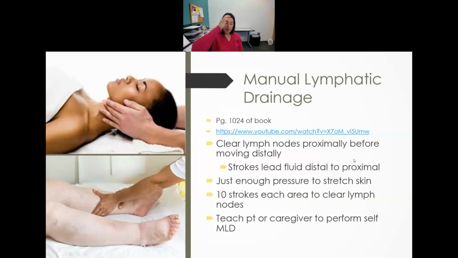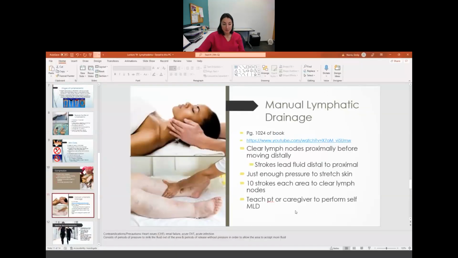It looks like I'm frozen. It's done in the areas of the lymph nodes, and it consists of times of pressure where you're trying to milk the fluids out of the lymph nodes, and then relaxation where you're allowing them to fill back up with new fluids and then milk it out again. So you kind of push on an area to push the fluid out and release. You wouldn't release it all the way.